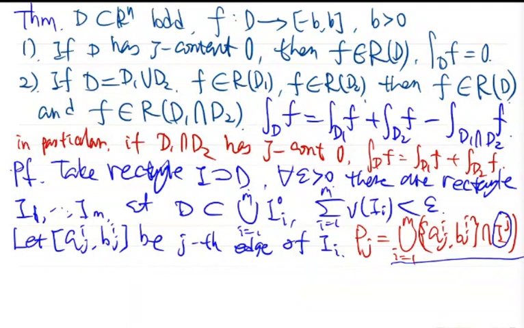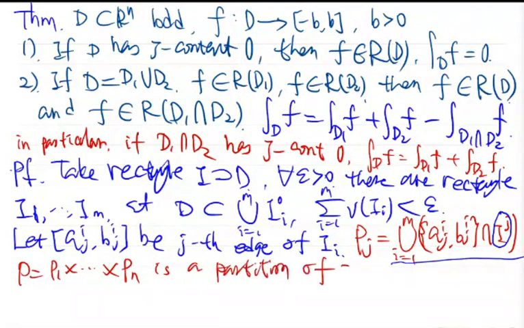Then P1 cross ... cross Pn is a rectangle partition of our I.